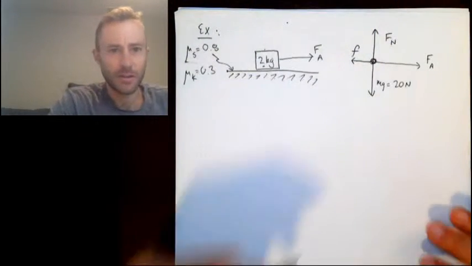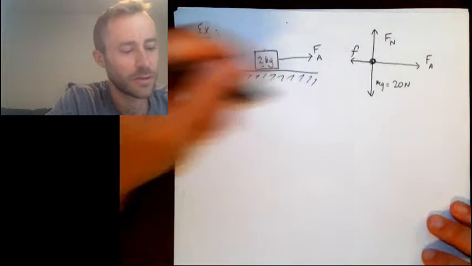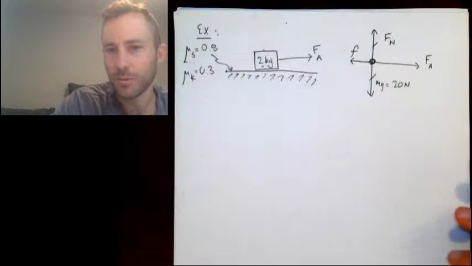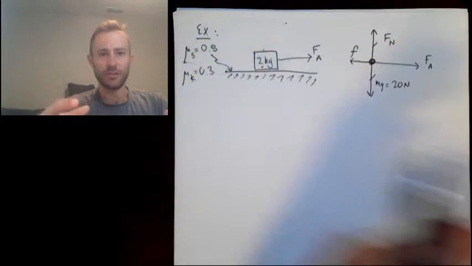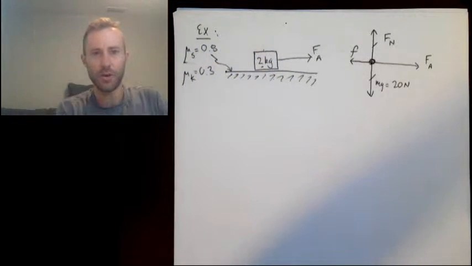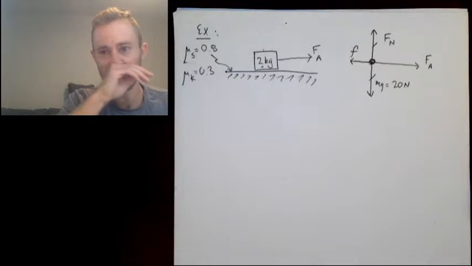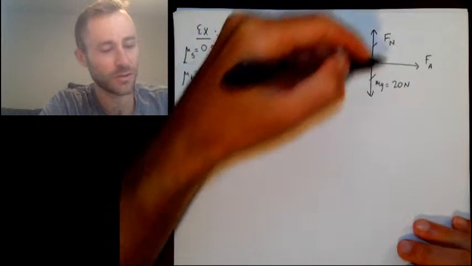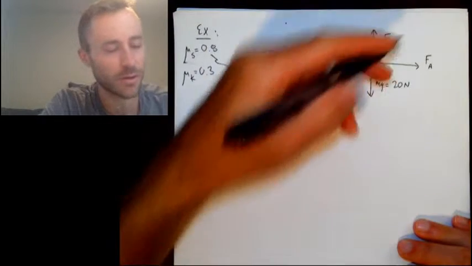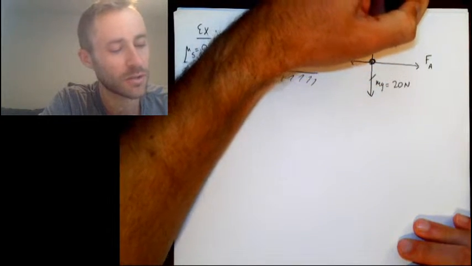In this case, the normal force has to equal the weight force, because the box isn't jumping into the air and it's not getting crushed into the ground. So the only sensible thing is that these two forces are equal in size and opposite in direction. So the normal force is 20 newtons.